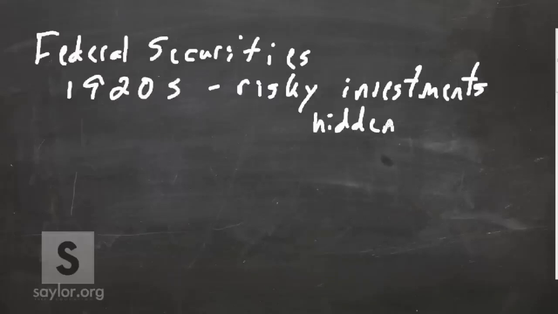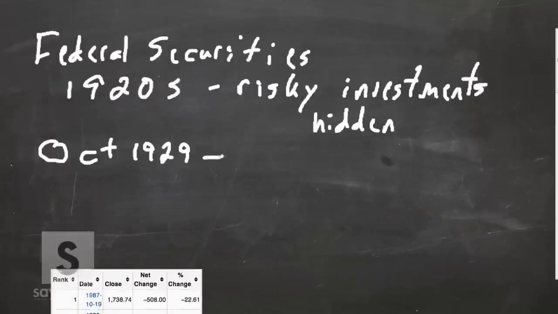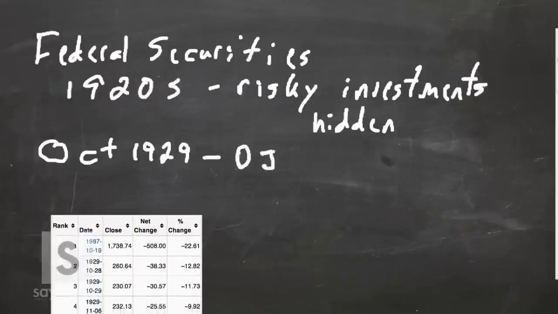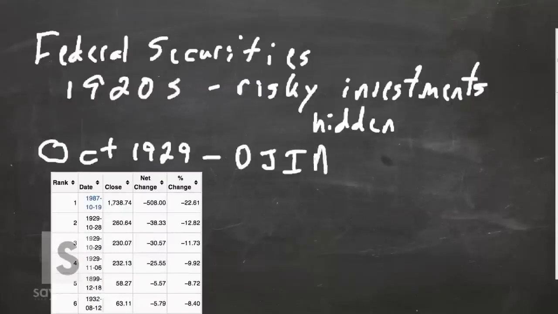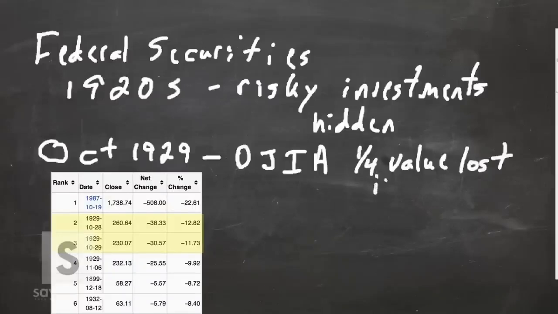So during the 1920s, stock prices climbed steeply, but the house of cards began to tumble in October of 1929 when the Dow Jones Industrial Average, DJIA, lost a quarter of its value in just 2 days.